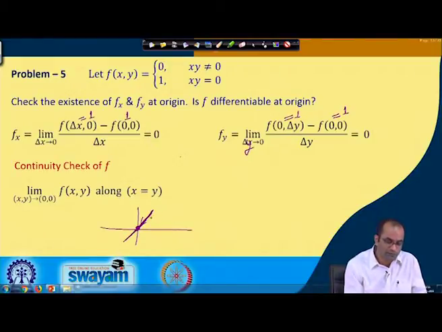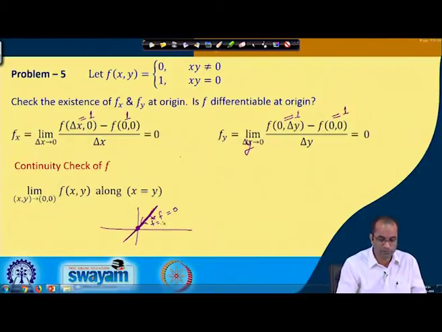So, when we are approaching along the x equal to y line towards (0, 0), the function value is 0 in whatever neighborhood we take close to 0, because the function is defined as 0 when xy is not equal to 0.